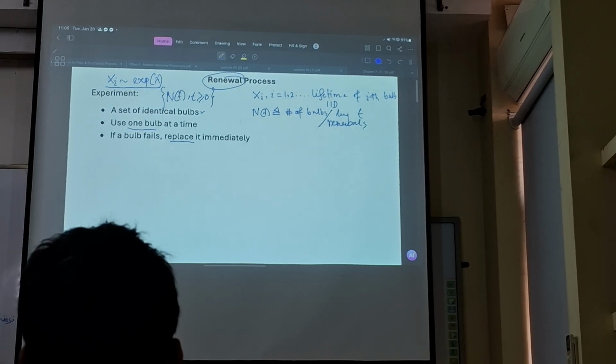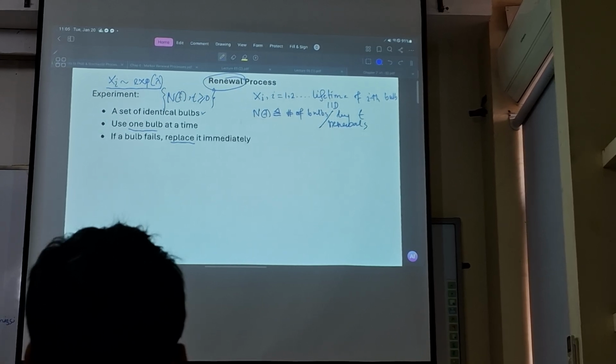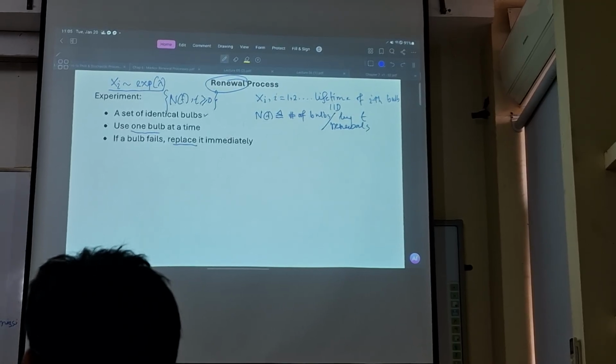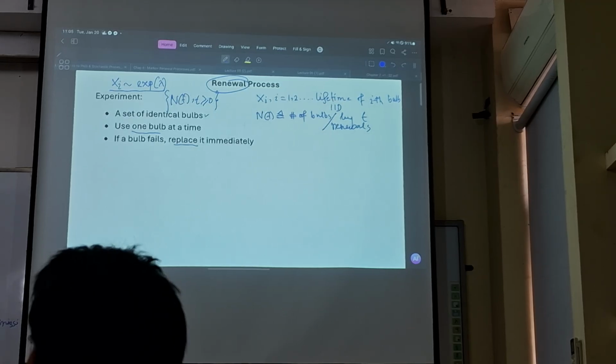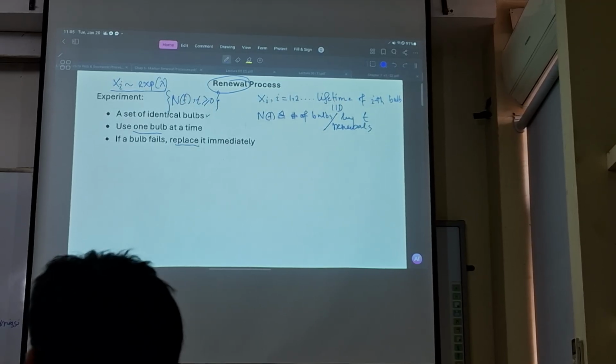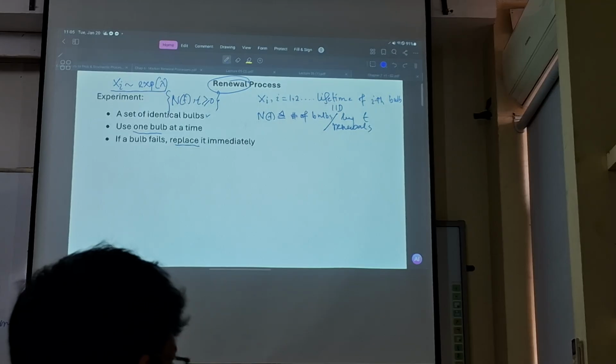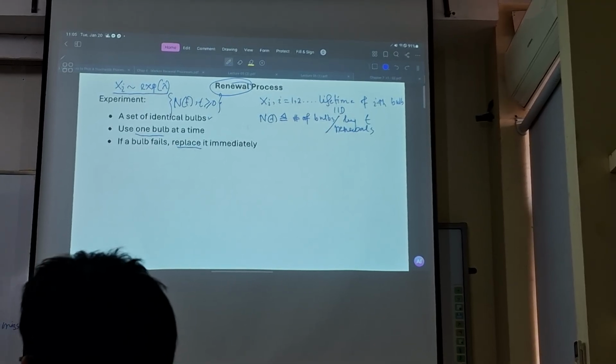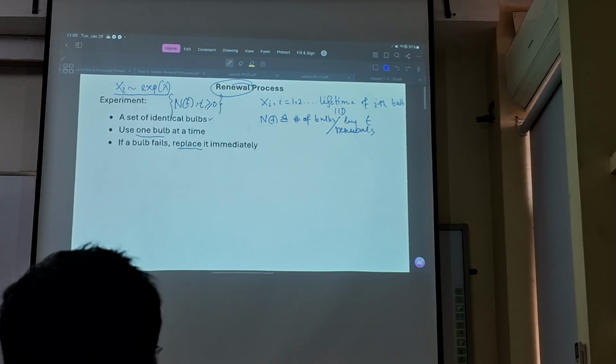We call such a process a renewal process, because whenever the event occurs, we are renewing something. For example, in the case of a bulb, the bulb is running. When the bulb gets fused, what do we do? We have a set of identical bulbs. We replace it by a new one. So a renewal occurs. That's why we call such a process a renewal process.